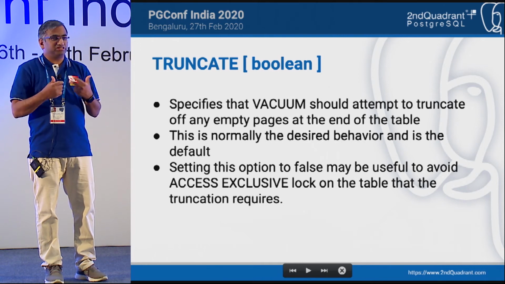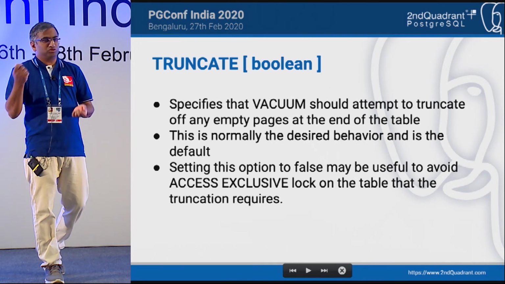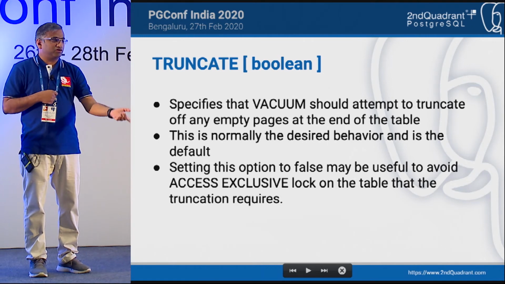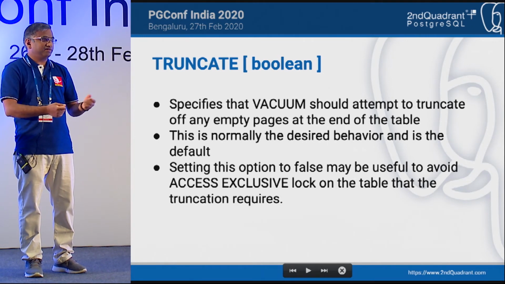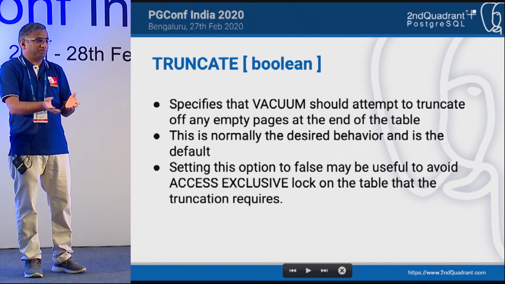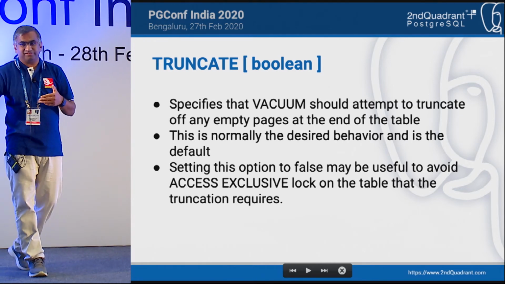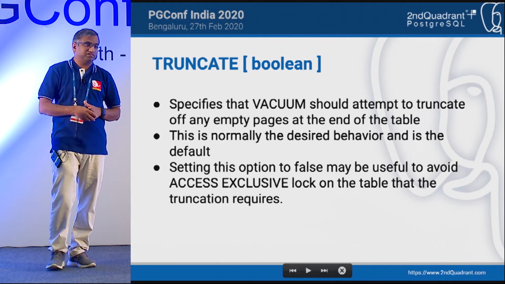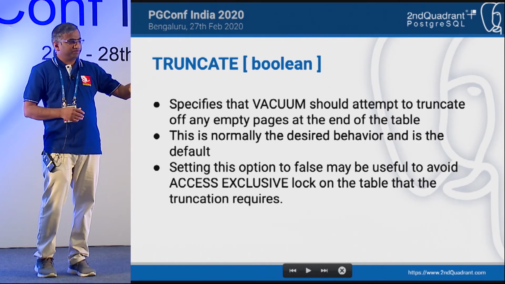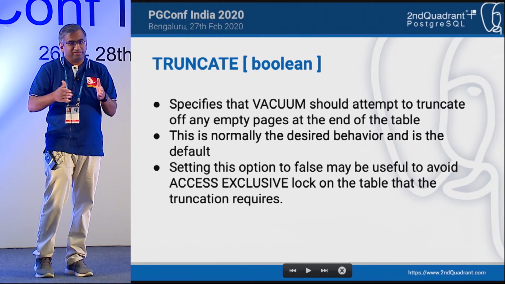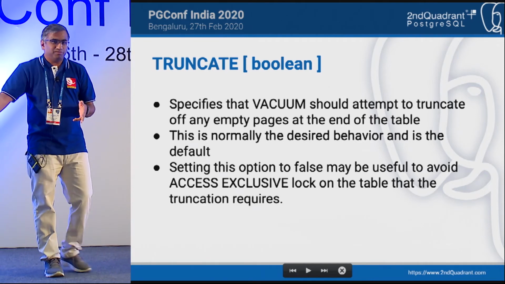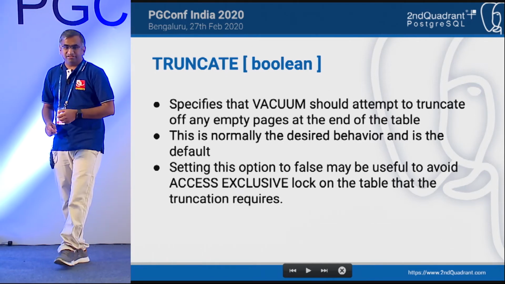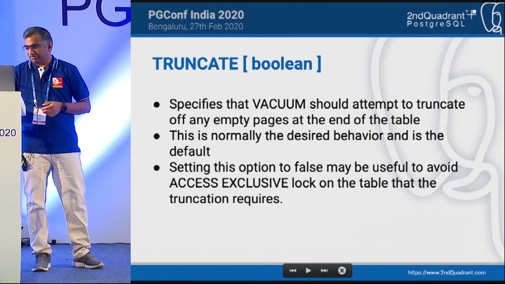So we had situations where users would say, I was running vacuum on this table and suddenly I can't read and write from this table for a few minutes. That's because at the end, vacuum was trying to truncate the table with a strong lock on that table. So if you turn it off, you won't reclaim the space from the table, but you won't have to get a strong lock on the table either.